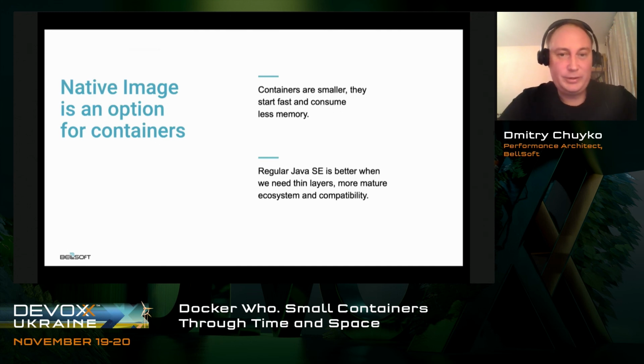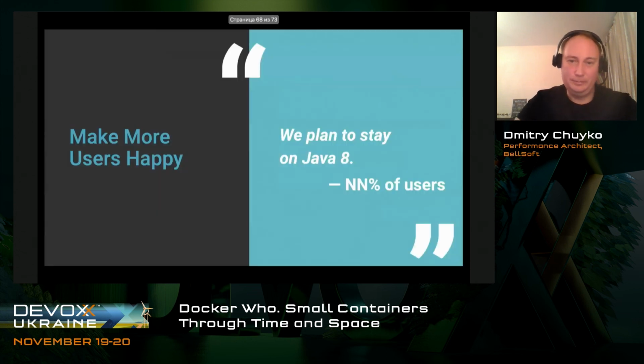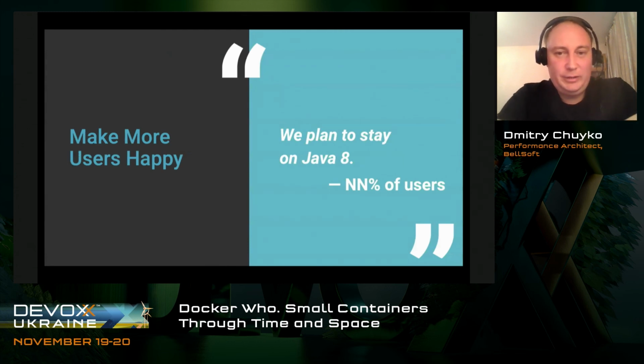Native image, of course, sometimes gives you much smaller containers, sometimes not, but if it does, then clean deploy is very fast and updates are faster. As I mentioned, we added support during JDK 16 lifetime for musl in JDK mainline.